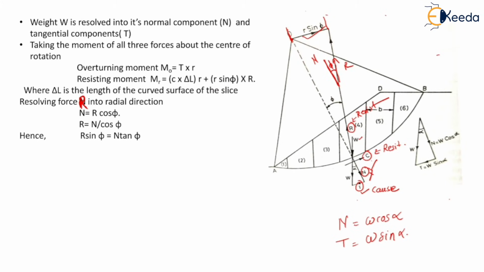The factor of safety for one slice is given as the ratio of resisting moment and overturning moment. So this is the equation for resisting moment and this is the equation for overturning moment.